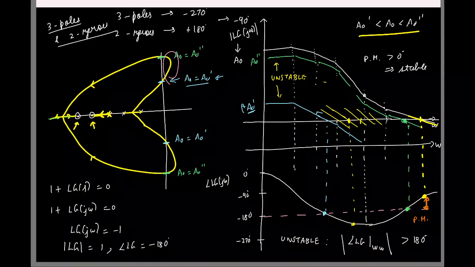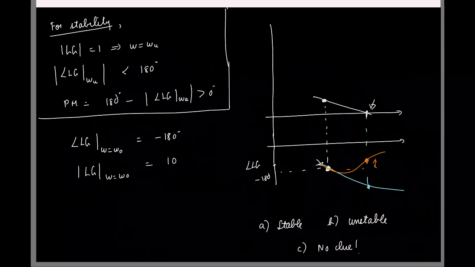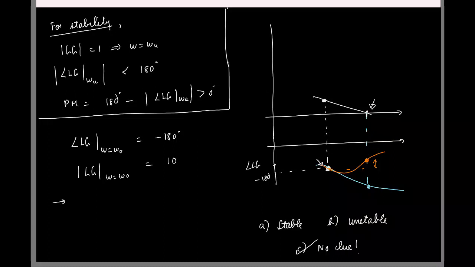So, what is the right answer for this now? Okay. So, this basically is unstable. Under what condition? The phase monotonically reduces.